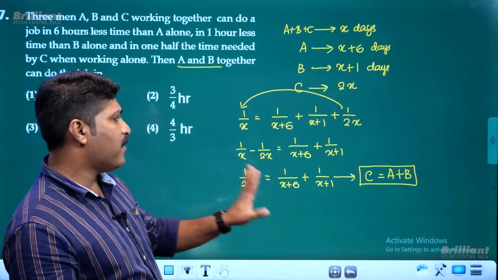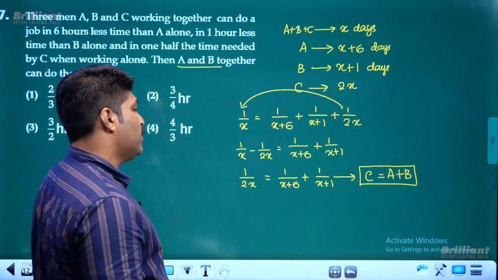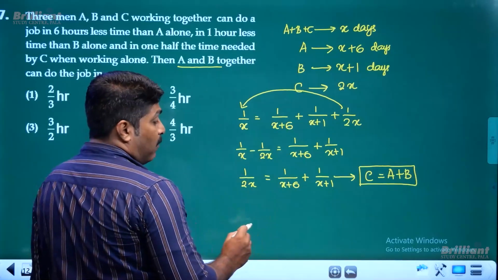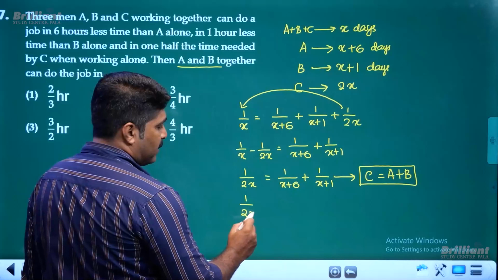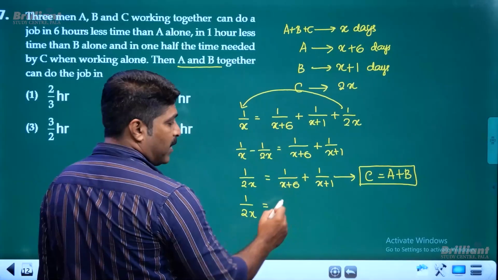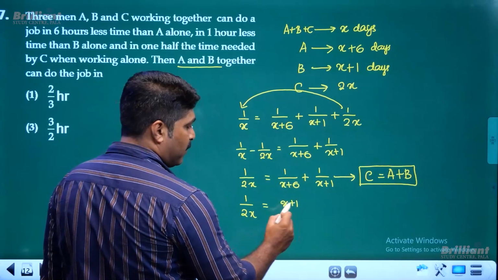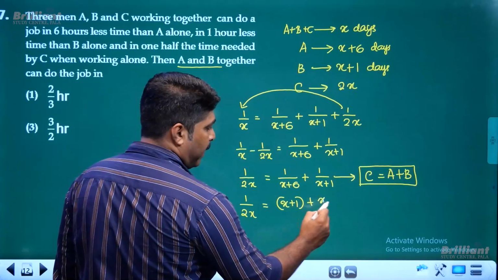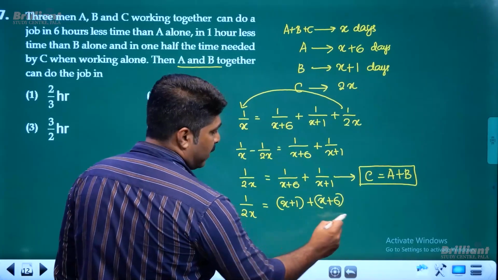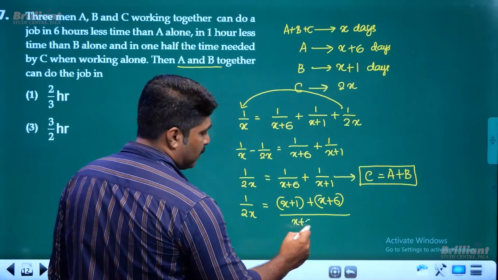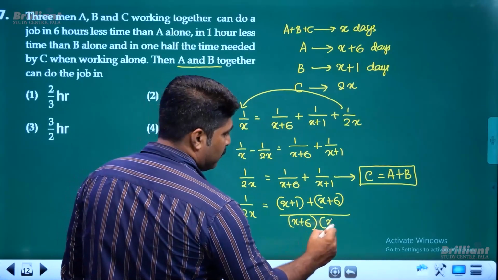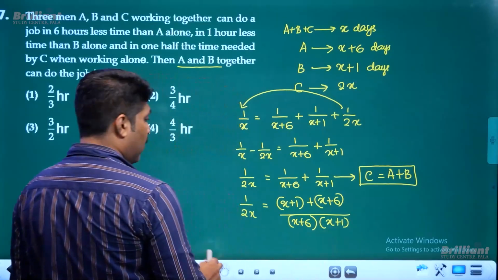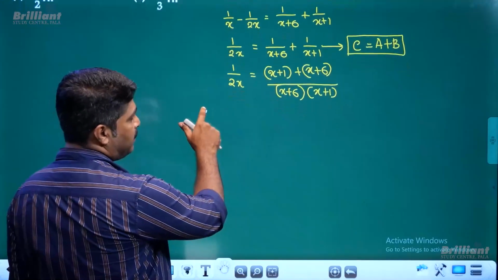Then after this step, we are going to simplify it. If you are simplifying, this is 1 by 2x, so you just make a cross multiplication here. This is x plus 1 plus x plus 6 divided by x plus 6 into x plus 1. So we have to do the further step of operation here.